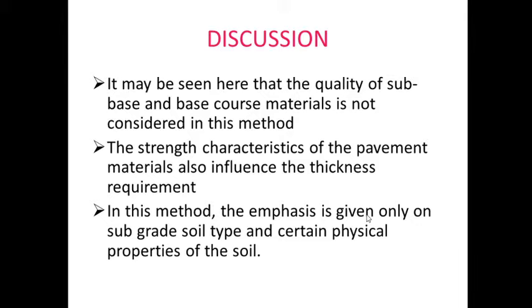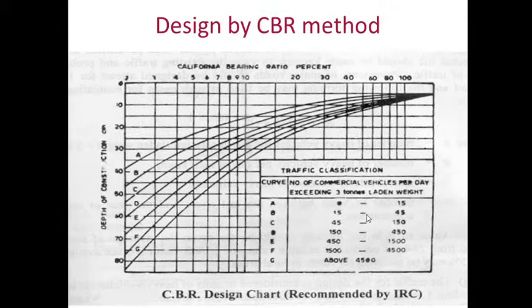So this is another chart, recommended by CBR, for finding the thickness of the flexible pavement. This is the old design chart by the CBR method. In the design chart, the x-axis shows the CBR value of the subgrade expressed in percentage, from 1% to 100%, whereas the y-axis represents the depth of construction in centimeter.